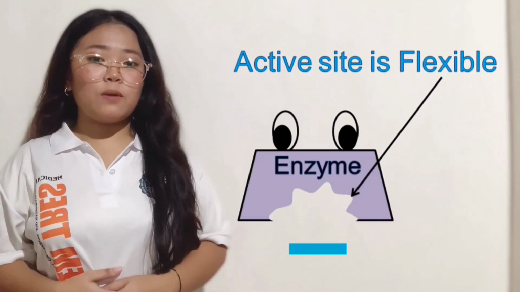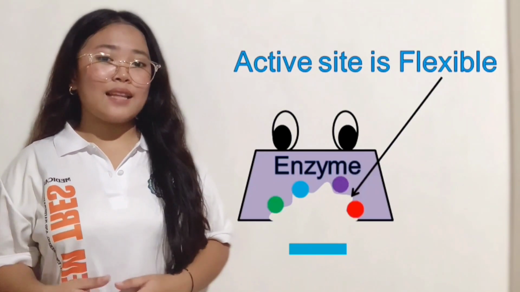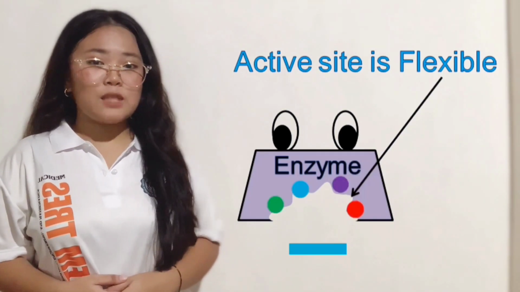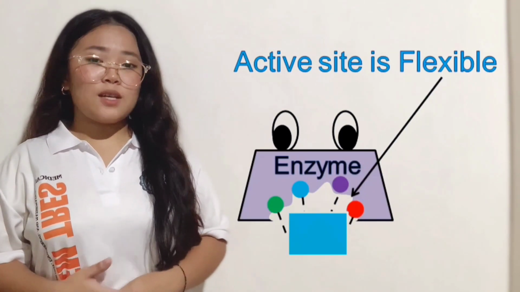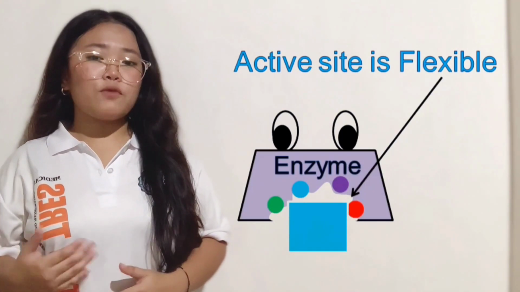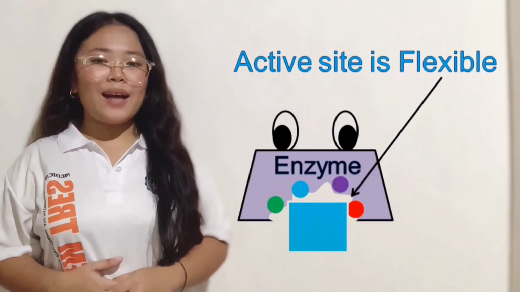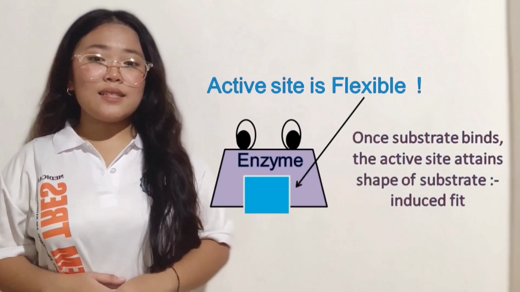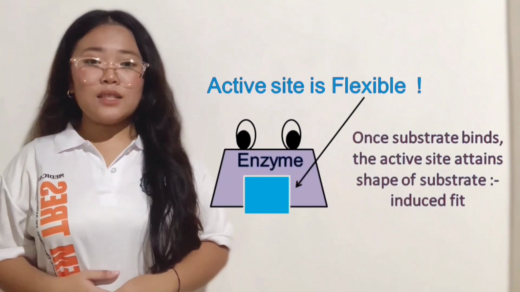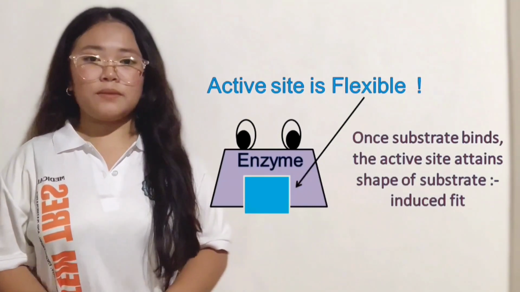This model assumed that the amino acids present at the active site will determine the specific binding of the substrate with the enzyme. Once the substrate binds the enzyme, the conformation of the active site gradually changes and attains the shape of the substrate. Hence, it is known as induced fit theory or model.